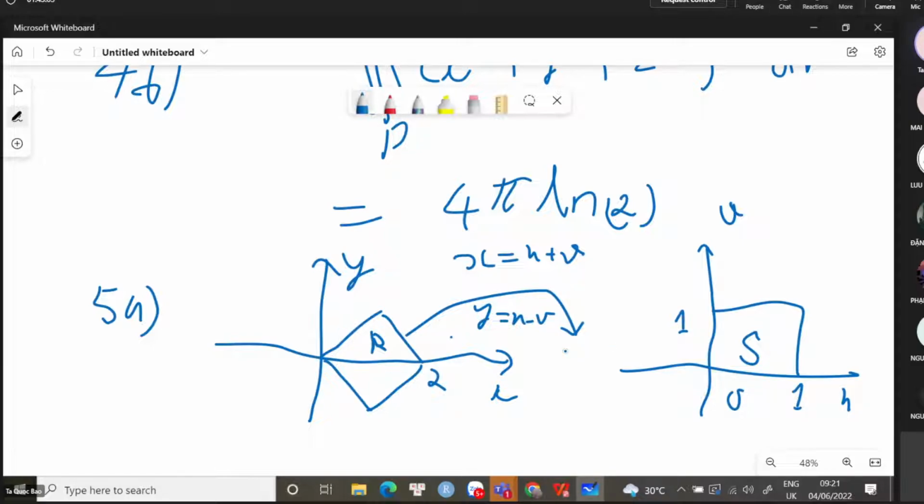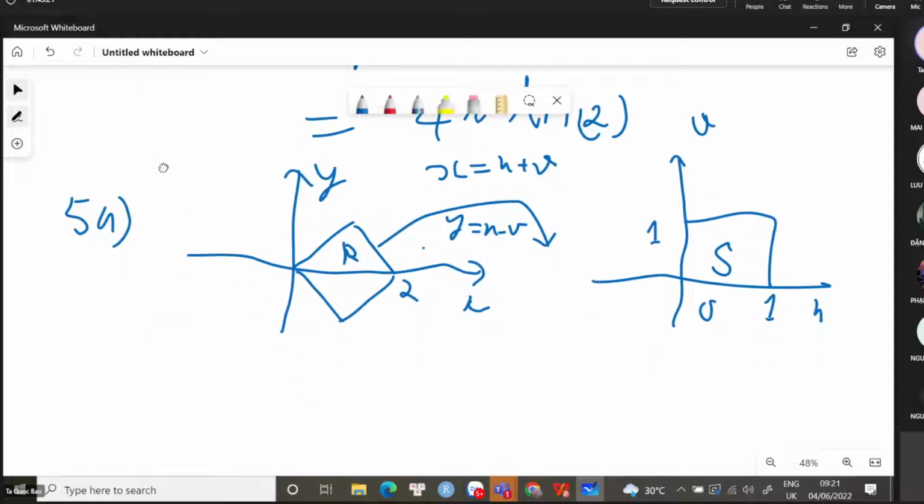Understand? When we change the variables, the region R now becomes this region S. So you can see S is a very beautiful region. This region is easy to calculate the integration.